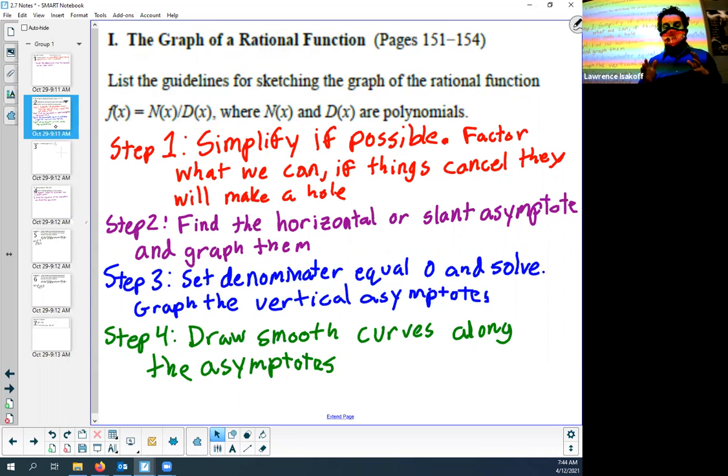We're going to do all this work that we did before break in section 2.6 with finding our asymptotes. We're now going to take the time to graph them, and after we graph them, we'll see where our curves go. So let's look at this in motion.